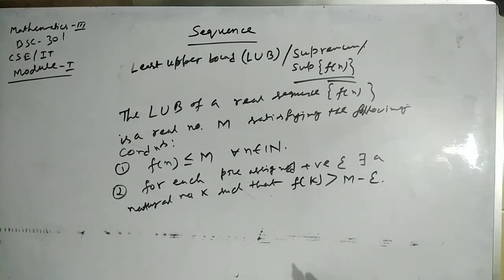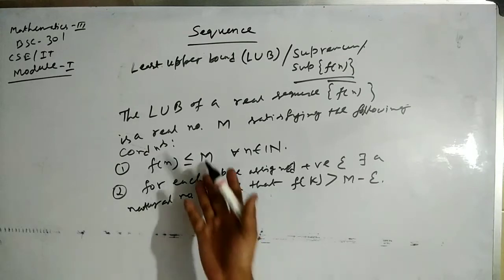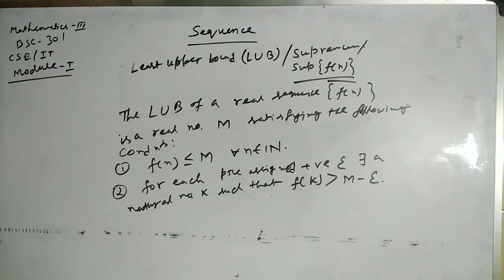Okay, so the condition number two states that if you decrease this m by some very small positive quantity, then some of the elements of the sequence may be greater than that resulting quantity, that is m minus epsilon.